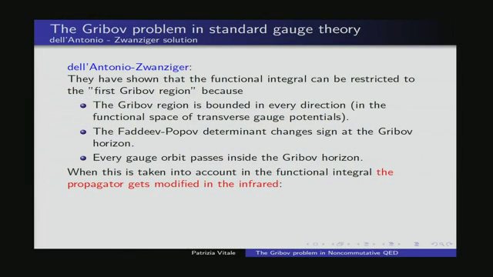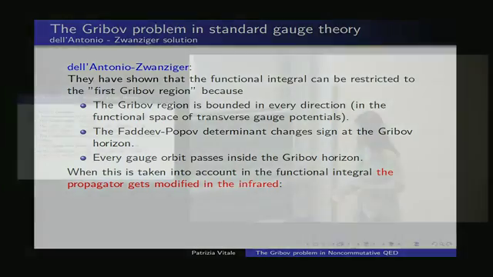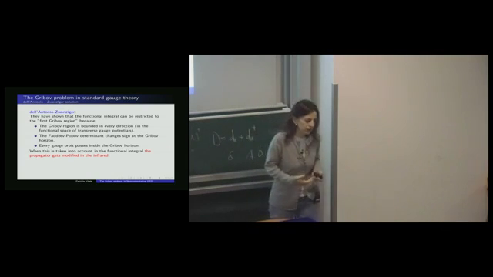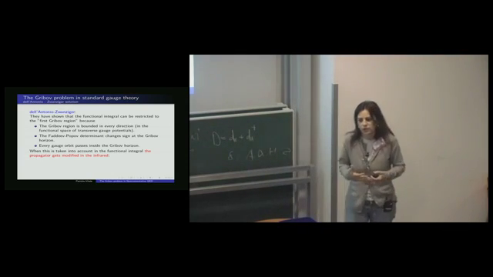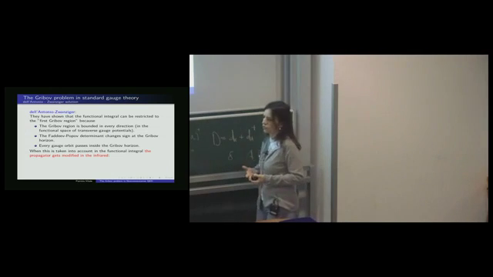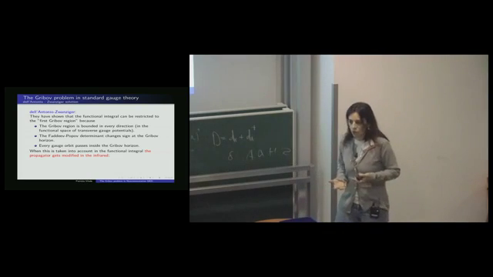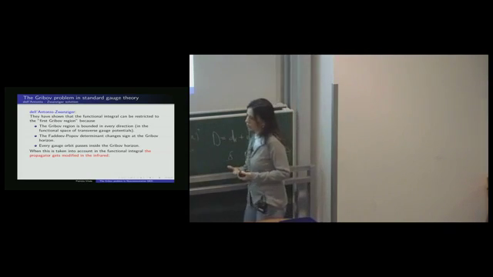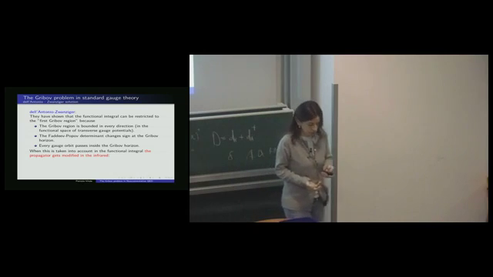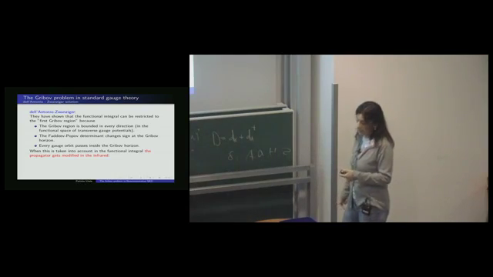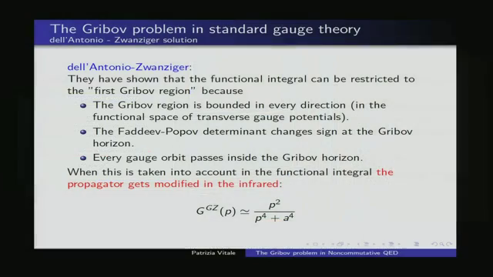And then they implement the constraint of integrating only over this region where the Faddeev-Popov determinant doesn't change sign with a delta function, which amounts to a new contribution in the action, which modifies the propagator in the infrared, and the propagator is modified in this way.